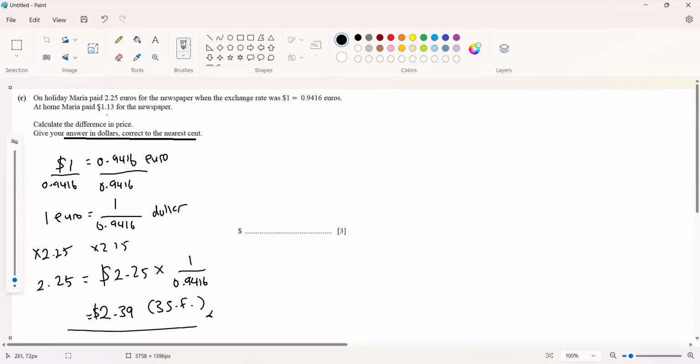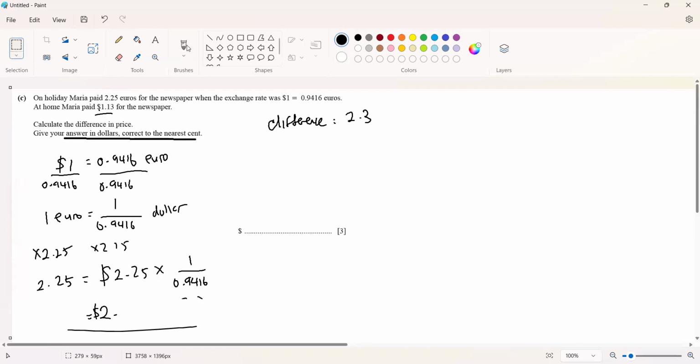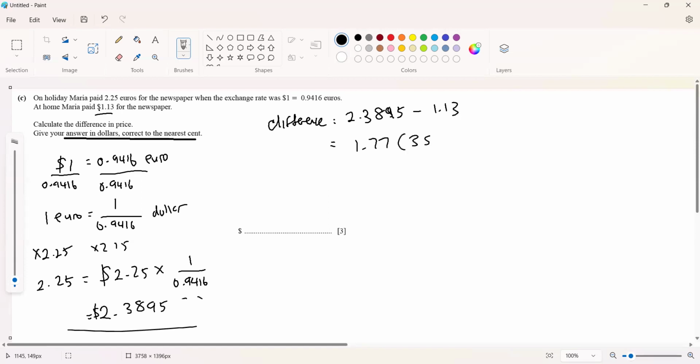The price at home is $1.13. Actually, I shouldn't round it so quickly. I'll take a few more decimals first. So it'll be 2.3895 minus 1.13, and that will give us 1.77. This is to the nearest cent. So this is the difference in price for the newspapers.